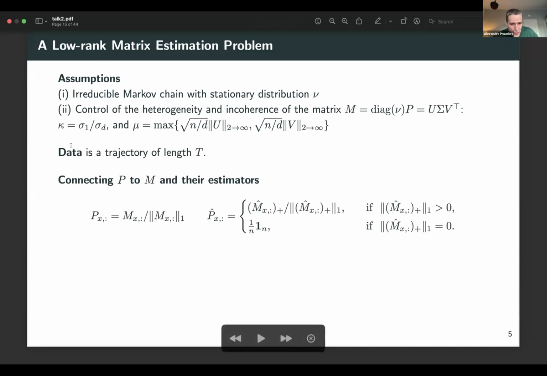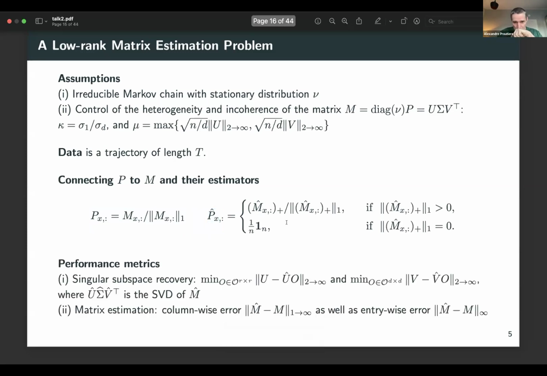So P is just a normalized version of the lines of M. And if you have an estimator of M, then you can easily build an estimator of P by renormalizing your estimator.